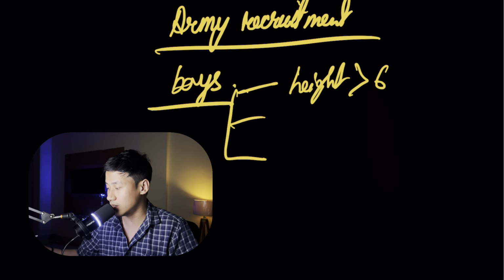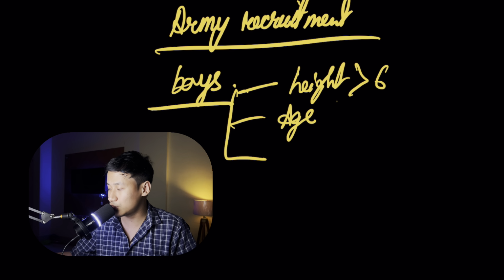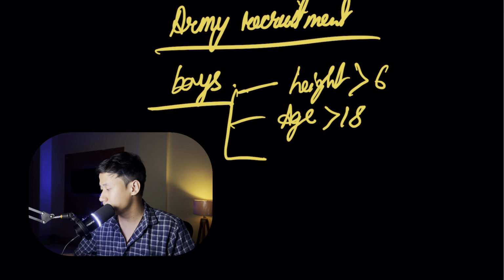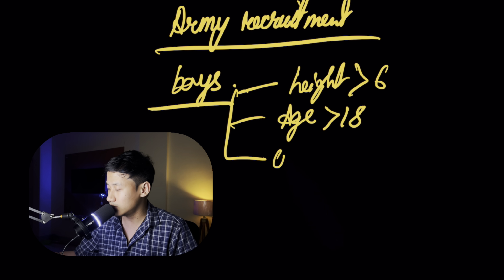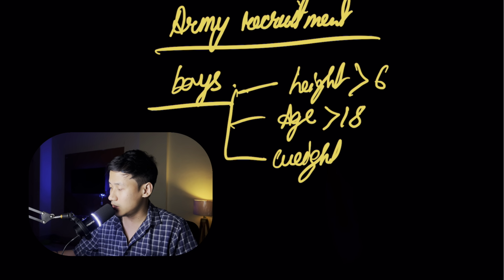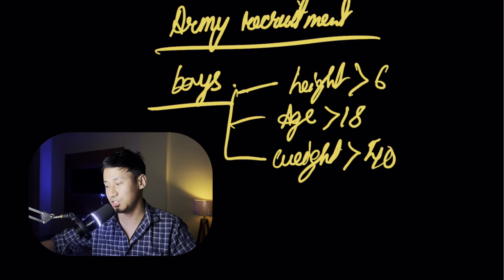I'm just giving a condition, you can give any condition. Height should be greater than 6, age should be greater than 18, and weight should be greater than 40. Okay, this is just a condition I have given.